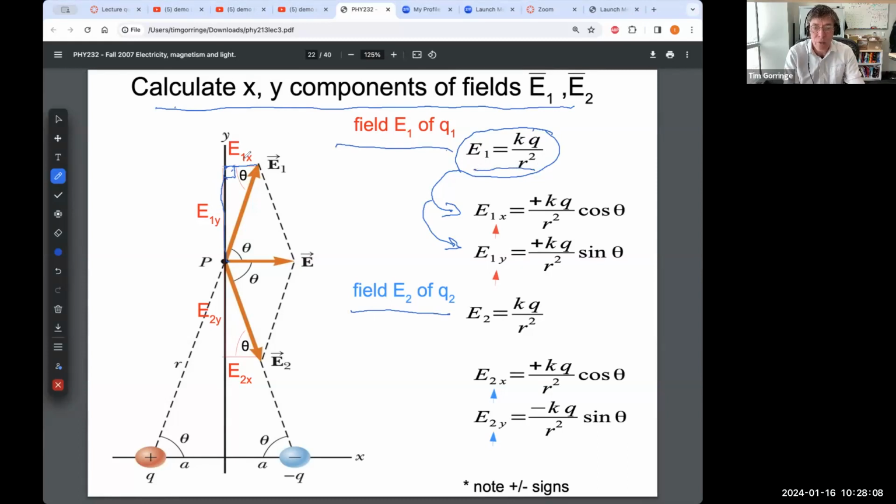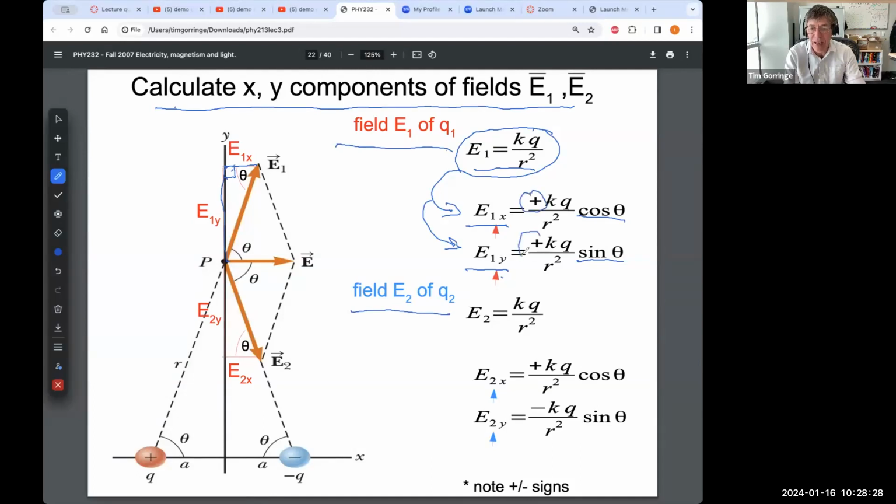So if I want E1x, I just need to multiply the hypotenuse by cosine theta. If I want E1y, I just need to multiply the hypotenuse by sine theta, and that will give me E1x and E1y. Now, I do have to be careful about the signs.